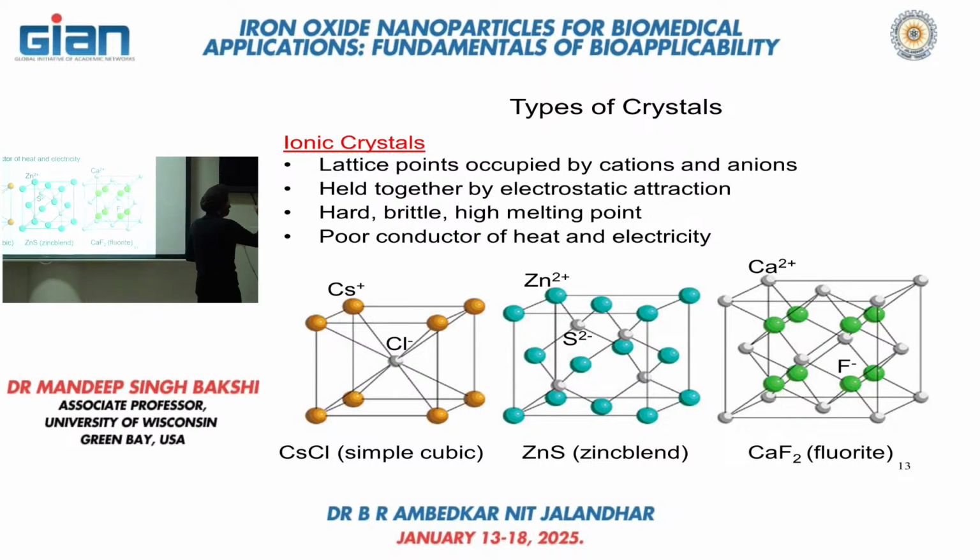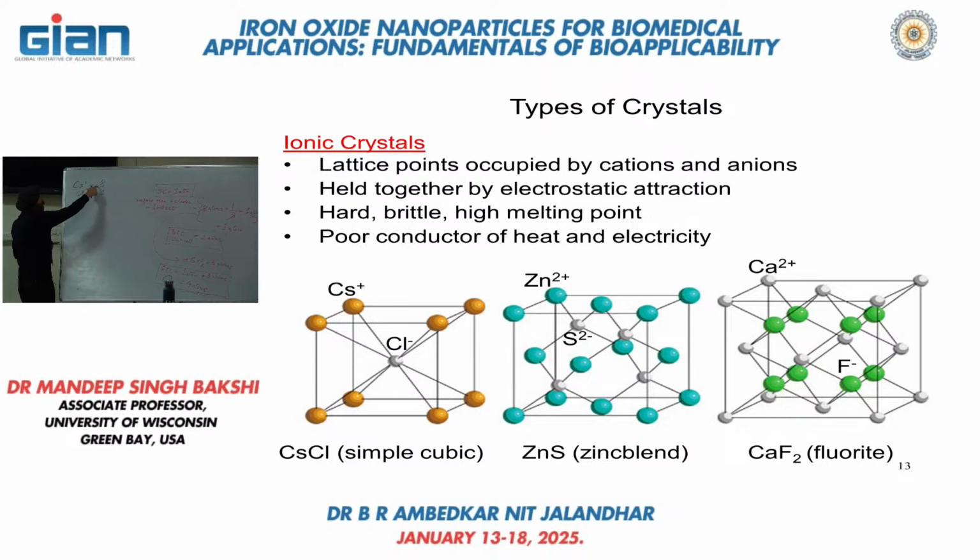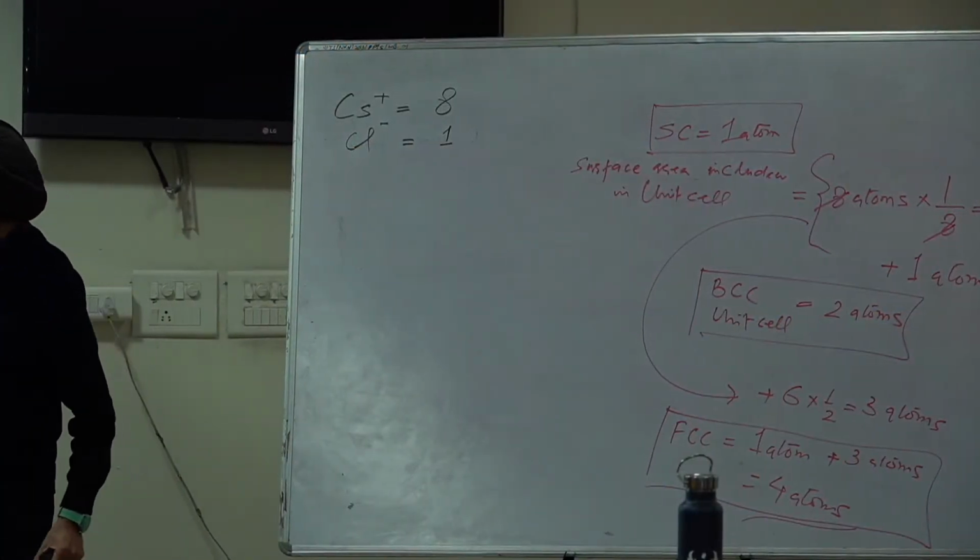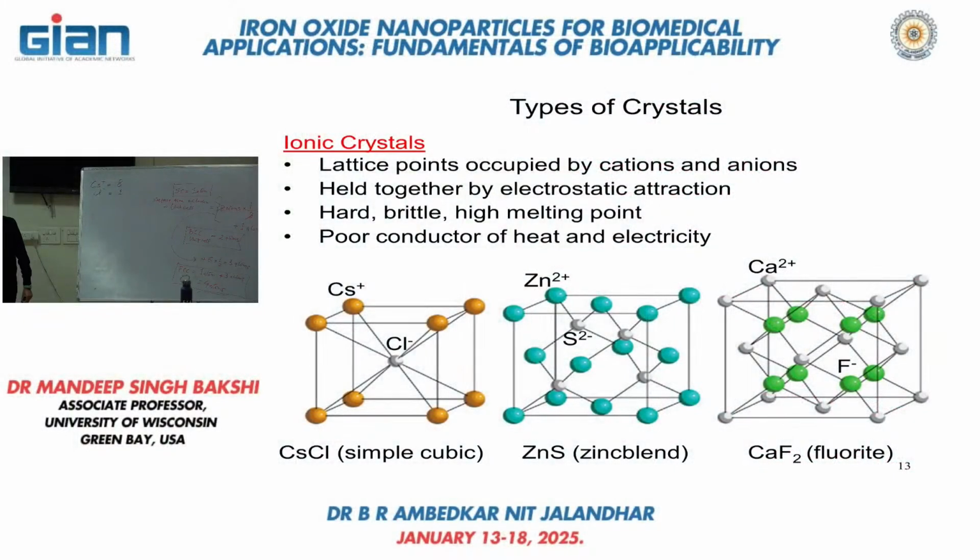So, it is not the 1 cation's total surface area that is included, right? So, how much is that? It is 1/8 part. So, it means that 1 cesium cation is there.